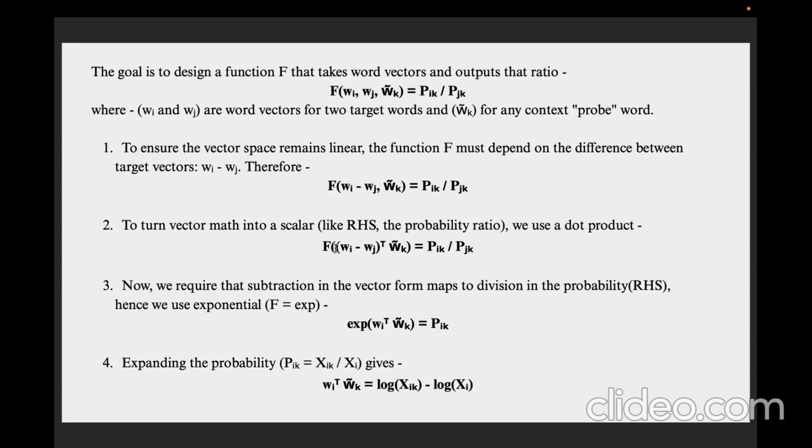When we take exponential of this whole, we see that the numerator obtained can be compared with the numerator of RHS, which is why here we obtain exponential of Wi transpose Wk equals Pik. Expanding the probability using the original formulation of Pik, we substitute the following formation over here, transposing the exponential to the other side, converting it into log.